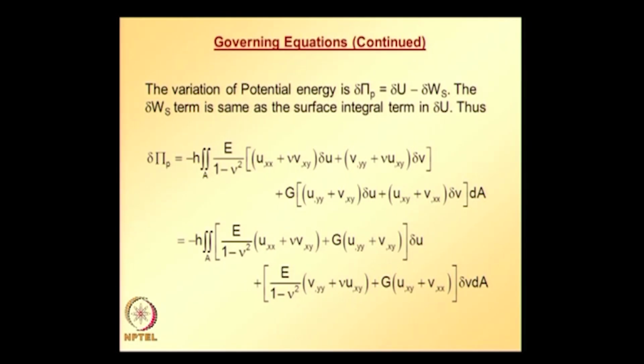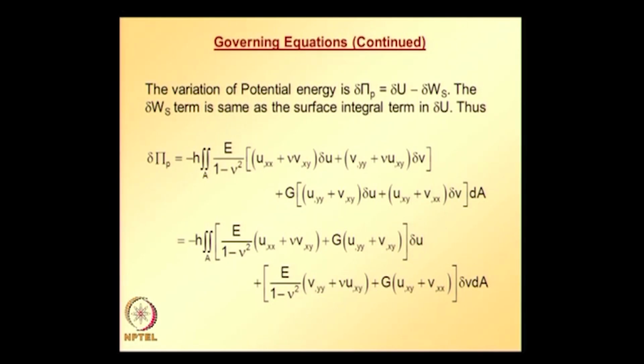And if you see this equation, please notice that the variation of u and the variation of v are arbitrary, and we need to see on what conditions this variation of Pi is going to be 0.